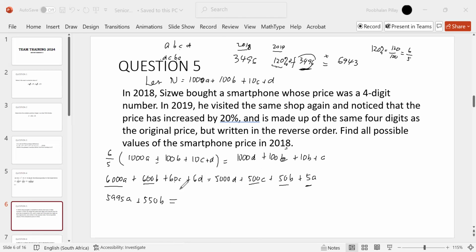So you get 500C minus 60C. 500 minus 60 is 440. And then you got 5,000D minus 6D, which is 5,000 minus 6, 4,994D.